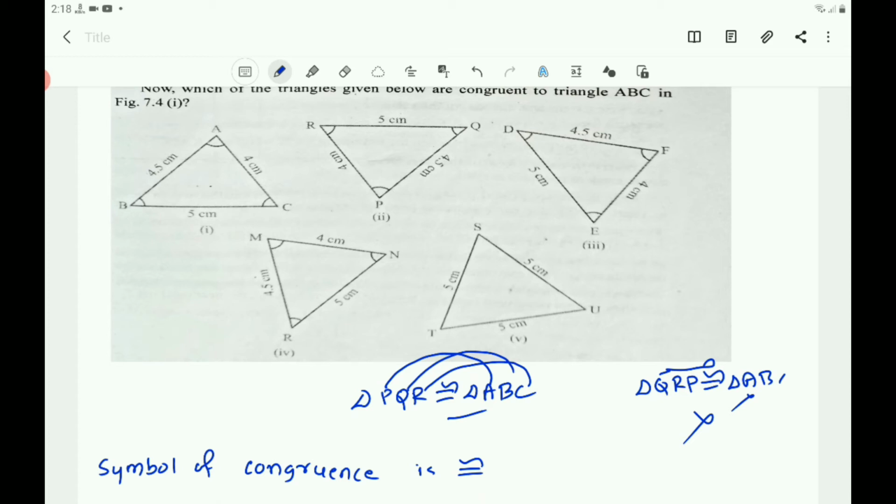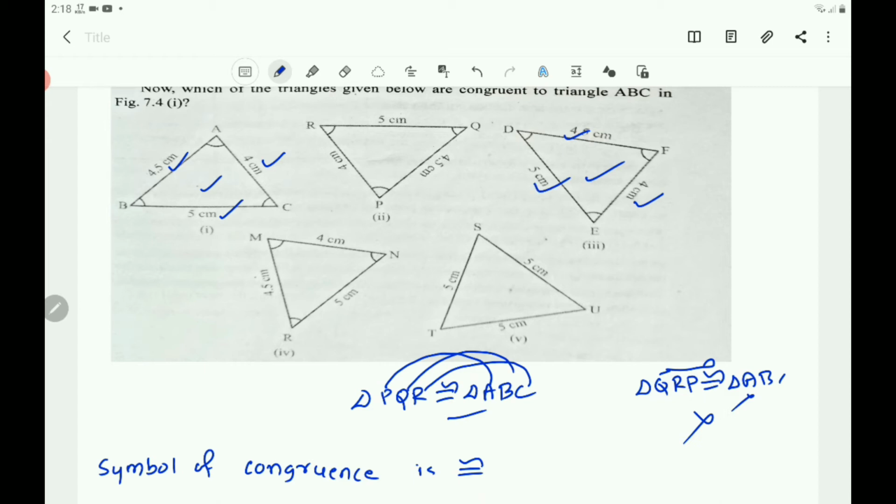Now you take the next triangle DEF. You know that triangle DEF is also congruent to triangle ABC, and here AB and DF are corresponding sides, the coinciding parts, and AC and EF are equal corresponding parts, and BC and DE.